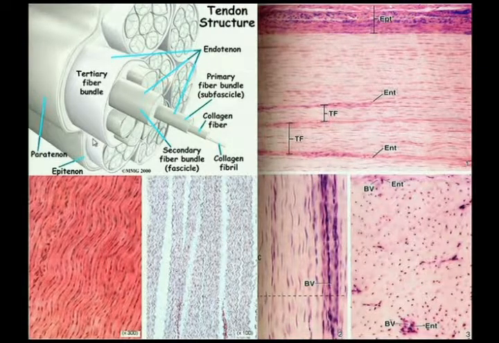This is the epitenon under the paratenon, and this is the endotenon. Endotenon is around all the fibers. This is the paratenon, the epitenon, the endotenon layer, and this is the tertiary fiber bundle, and this is again endotenon.